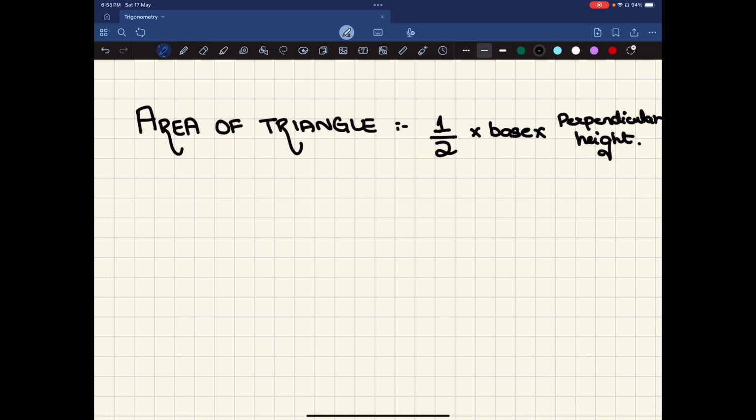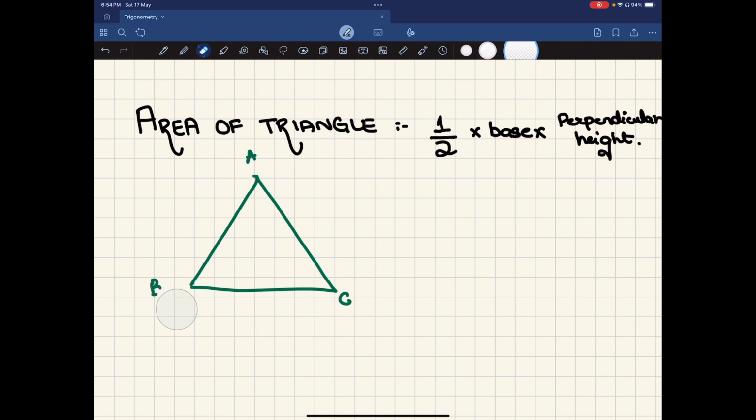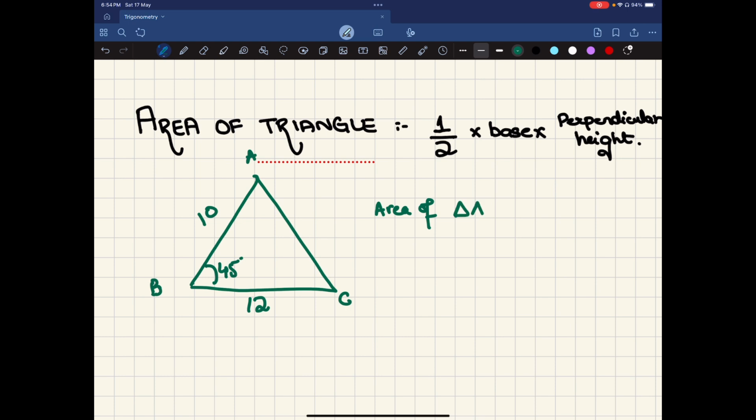Right? Now let's assume that this is what is given to us in the question. So this is A, B, C. This is 10, this is 12, this is 45. And the question asks you to find the area of triangle ABC.